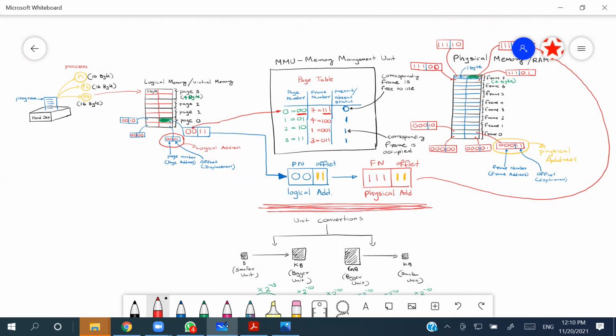When you are mapping the logical address into the physical address, what you have to remember is that the number of bits in the offset is not going to change. That's the only thing you have to remember when you are doing that mapping. Let's see how this is going to happen.